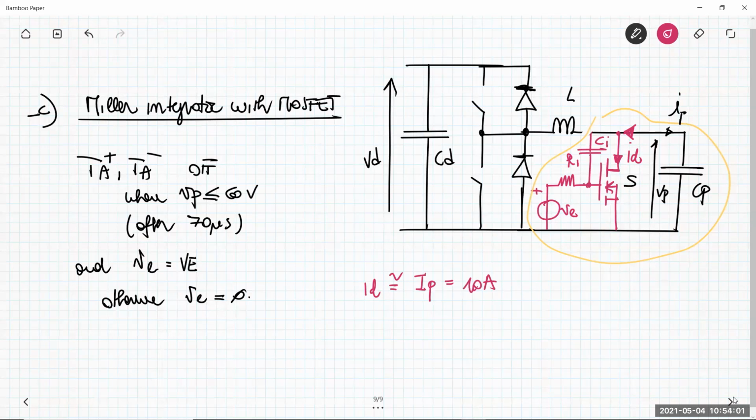So what does it mean? That suppose that here we have a current which is called IF, the current flowing to the capacitor CI between the gate and the drain. It means that the current IF is negligible with respect to the current flowing in the circuit. Let me call this current here IP.